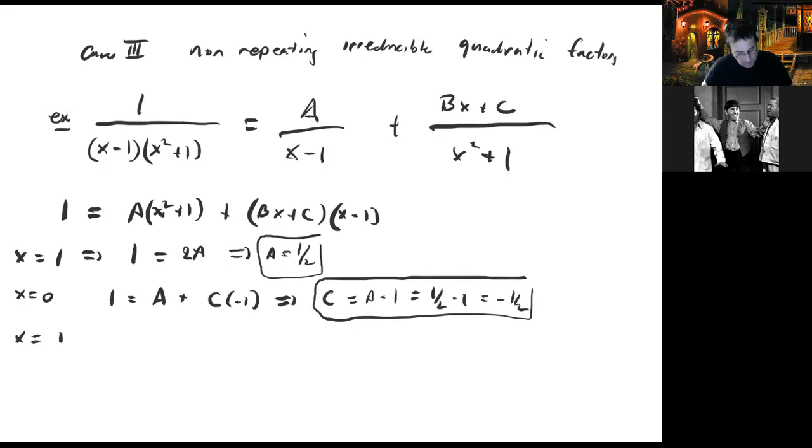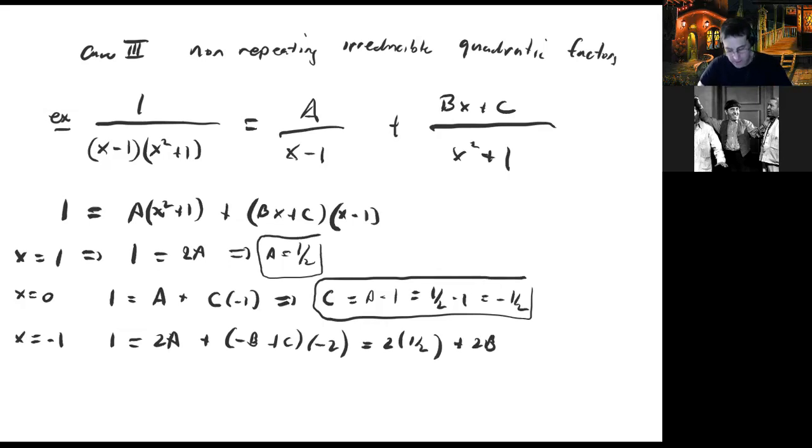Now, we still have to solve for b, and I'm going to choose another value that's an integer close to 0, maybe x equals minus 1. You can choose x equals 2 if you want. It doesn't really matter. So then we get 1 equals 2a. Minus 1 squared is 1, plus 1 is 2, plus negative b plus c times minus 2. And so what do we get? This is 2a, so 2a is a half, we said, so 2 times a half, plus 2b, which we're trying to figure out, minus 2c, but c is minus a half.